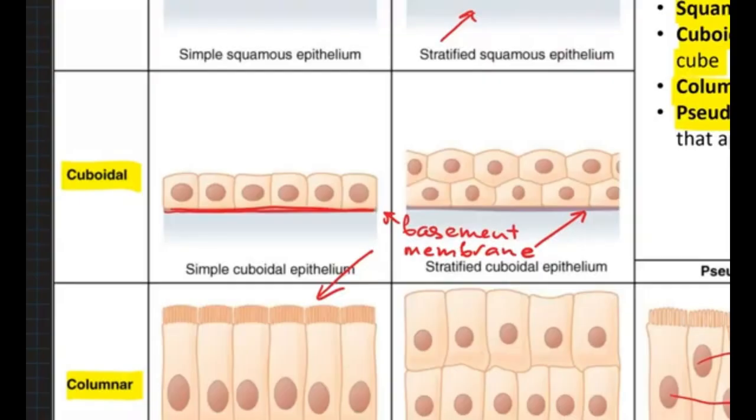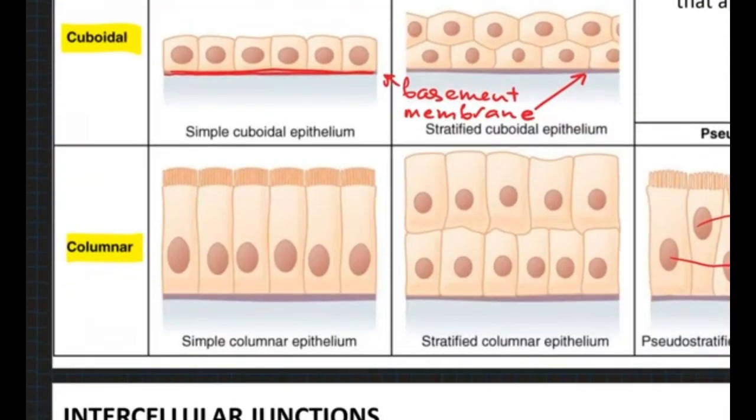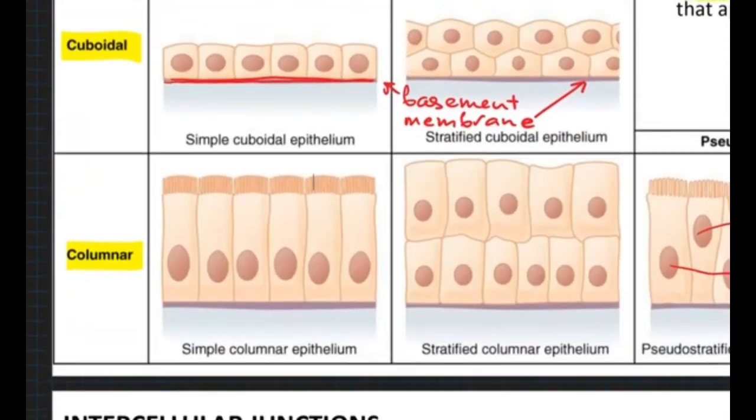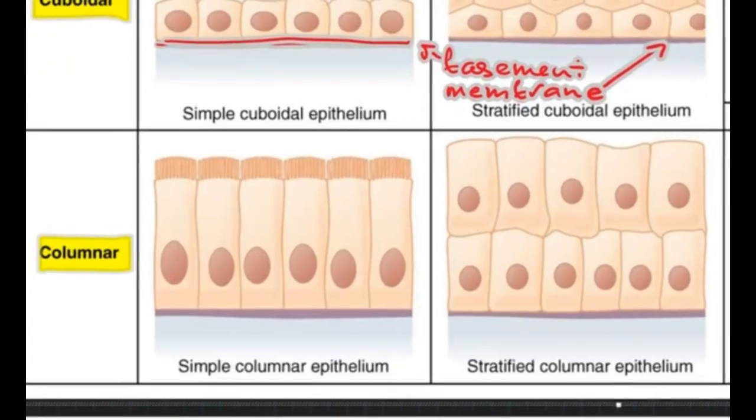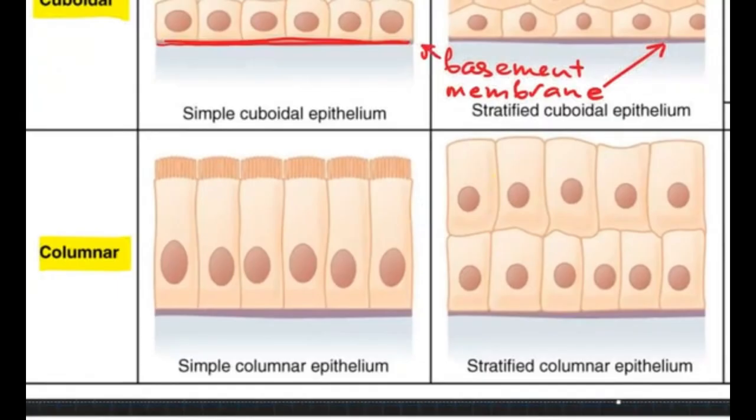Second, really important concept is that an epithelium, and I'm going to be using simple columnar epithelium as an example, has two distinct sides. I will try my best to use two different colors right now. Bear with me. Okay?